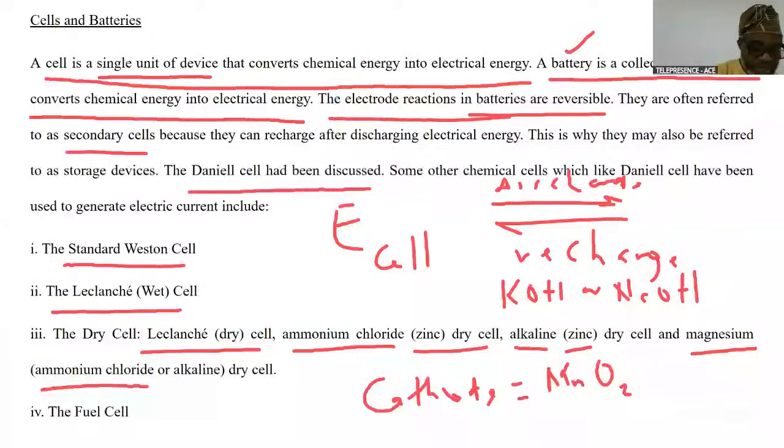So this medium is an acidic medium. I want you to note that it is an acidic medium, with H plus: ammonium hydroxide plus H plus. This reaction is intrinsic. You have it in the background.